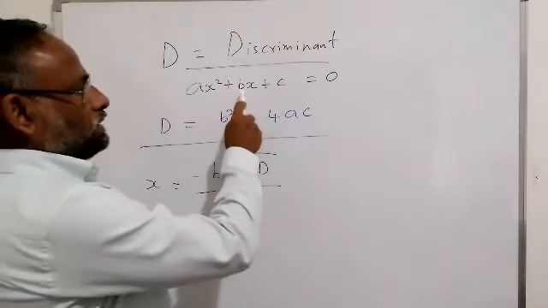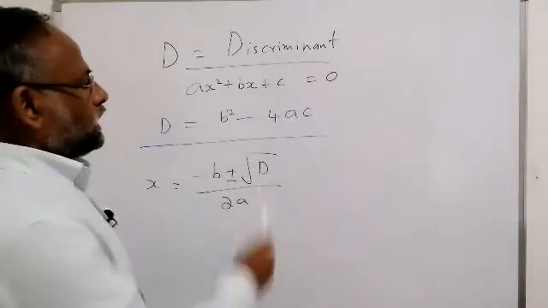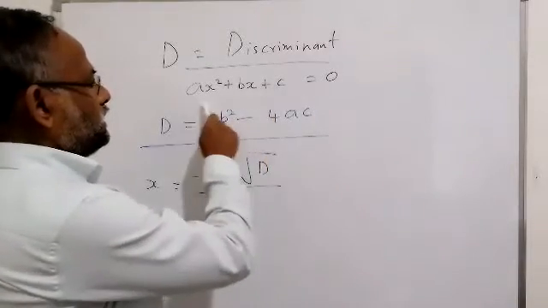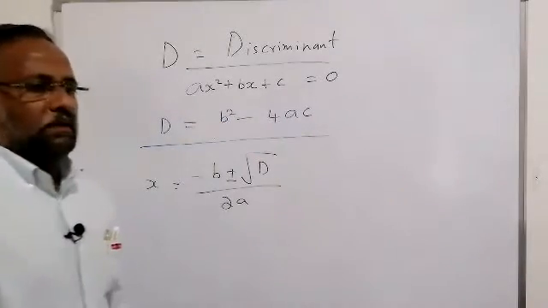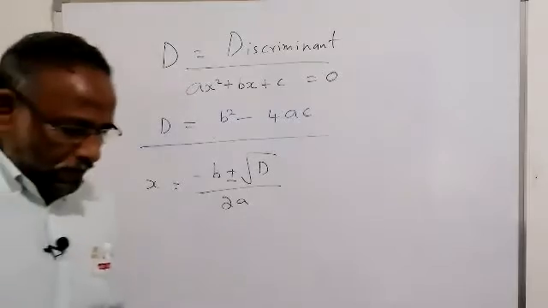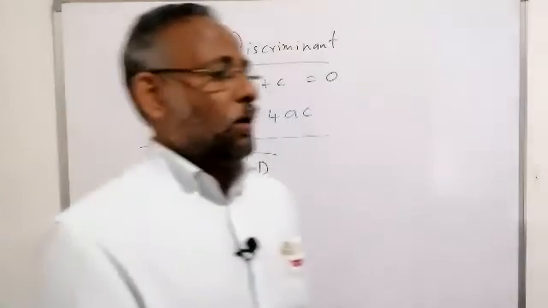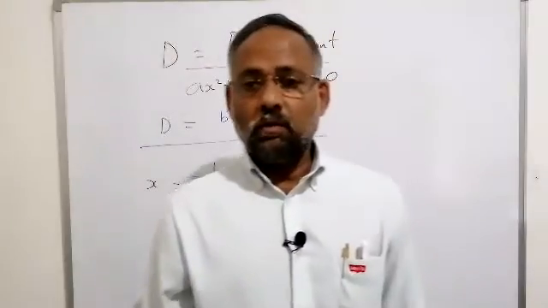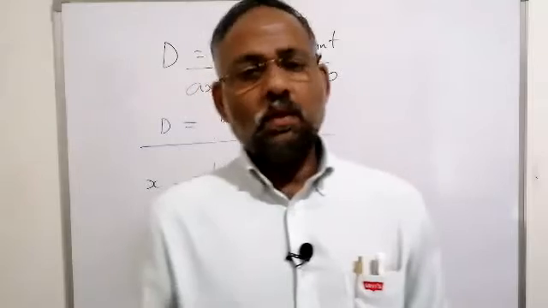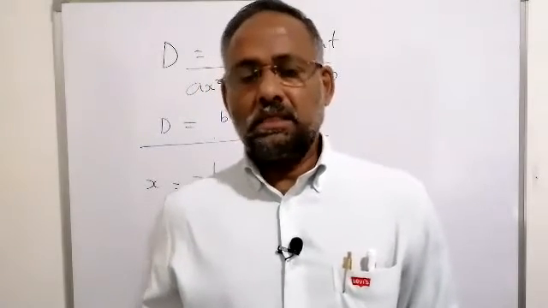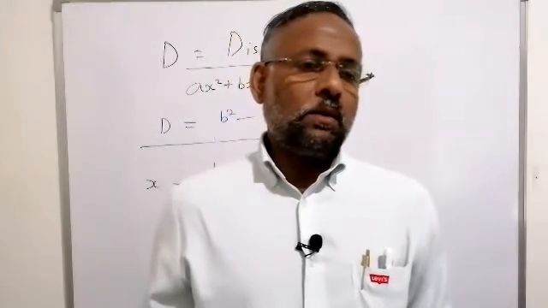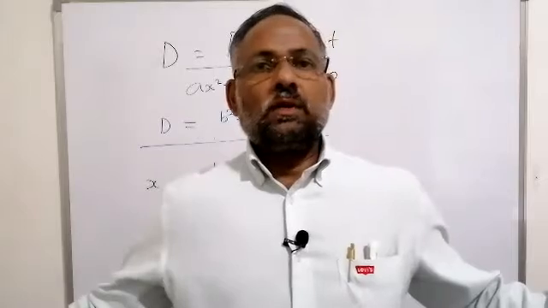You will get b, the coefficient of x. What are a and c? We did that before. Whenever you are given a quadratic equation, you know what a, b and c are, then D is equal to b square minus 4ac.